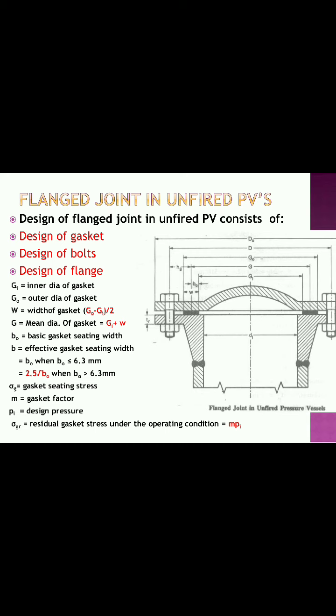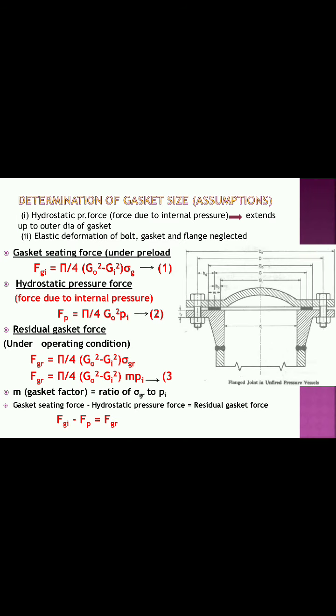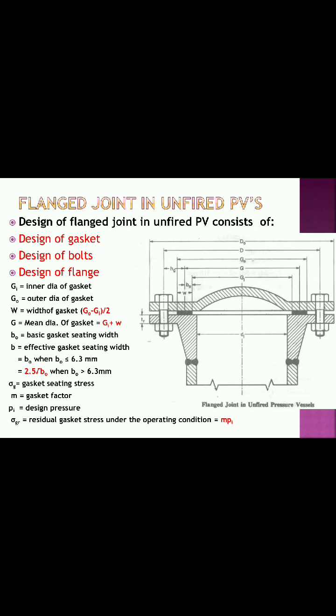Sigma G is equal to gasket setting stress, M is equal to gasket factor, Pi is equal to design pressure, sigma GR is equal to residual gasket stress under the operating condition, which we can consider as M Pi. So you just observe the meaning of each and every term in the given figure. We already discussed the designation.